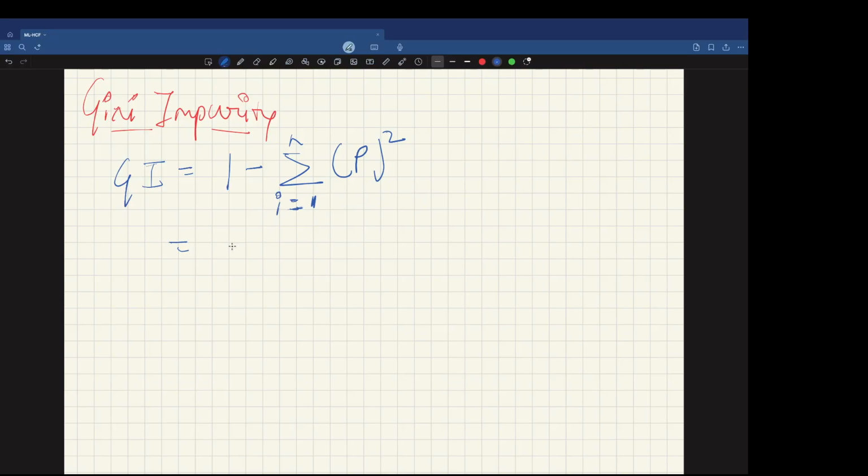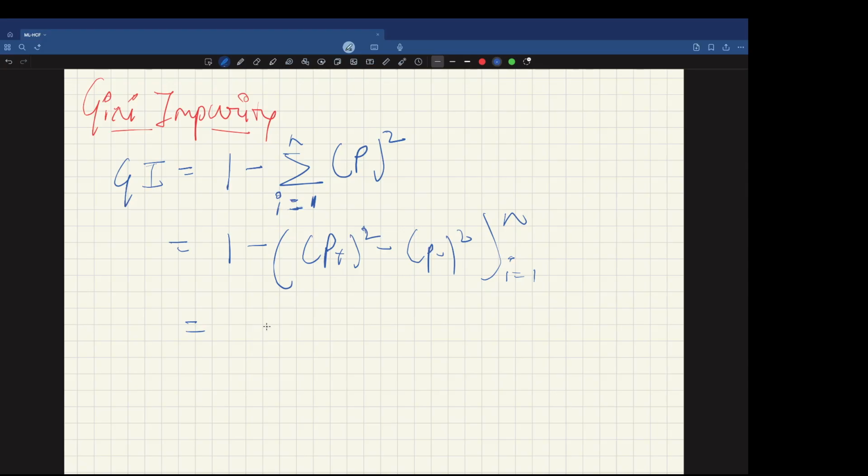If you expand the formula, it will look like 1 minus P positive squared minus P negative squared. For i equal to 1 till n, the number of categories we have. If we are talking about 2 categories, we only talk about this one. If it has 3, we talk about yes, no, maybe, or sunny, cloudy, rainy, whatever we have.